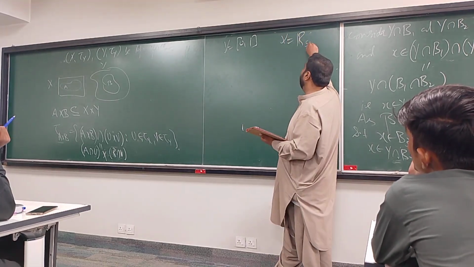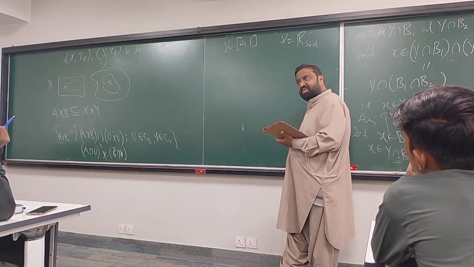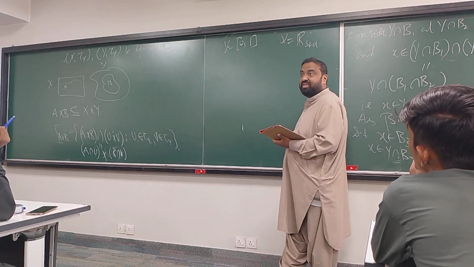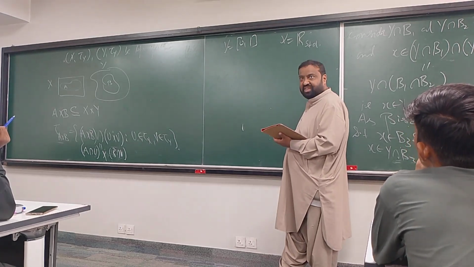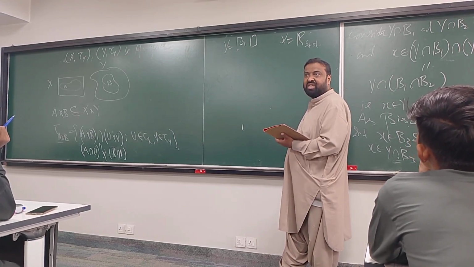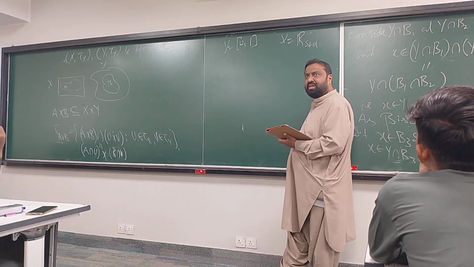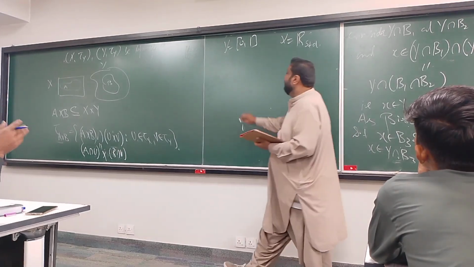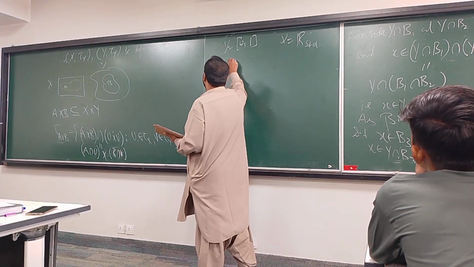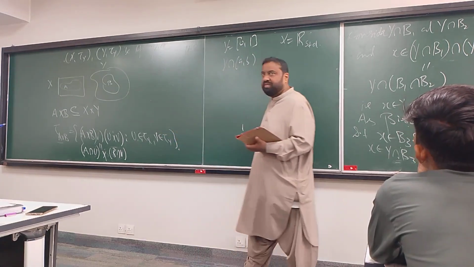on R you have a standard topology, and Y is a subset of R, so it must have a standard topology on it actually. And how do the open sets look in this standard topology? Open intervals.